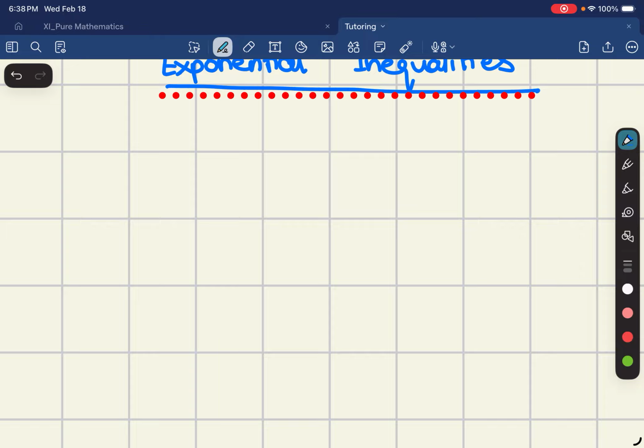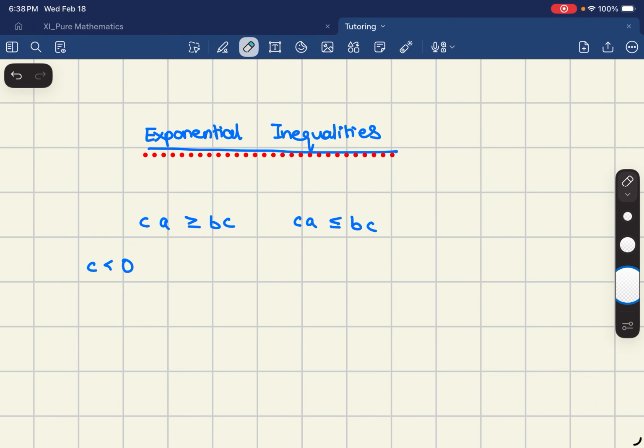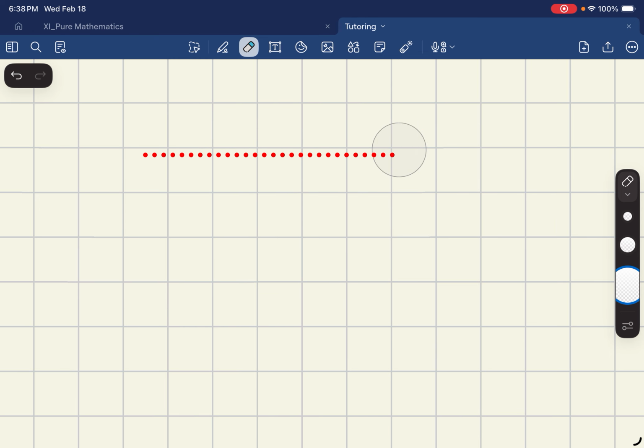The only thing that does matter is if you're multiplying or dividing by a negative number. So if a is less than b, or less than or equal to b, or a is greater than or equal to b, and you're multiplying by c, and c is less than 0, then you have to flip the inequality. So you're going to have to flip the inequality if you're multiplying or dividing by something that is less than 0. That is something to keep in mind.